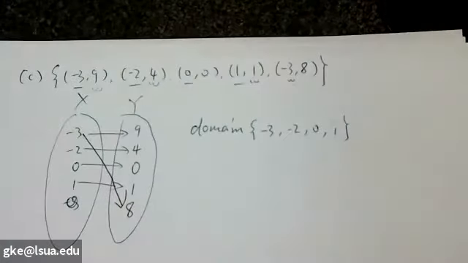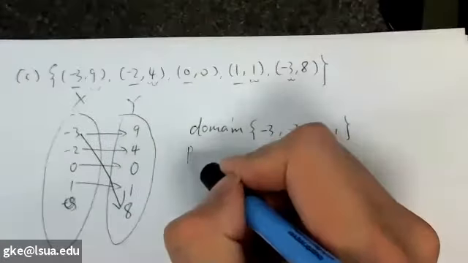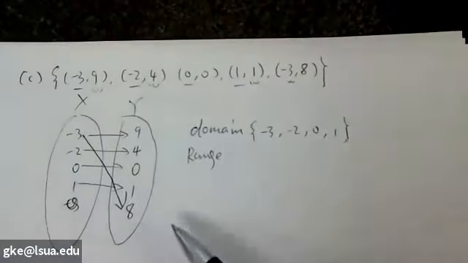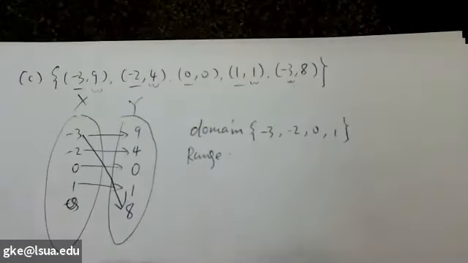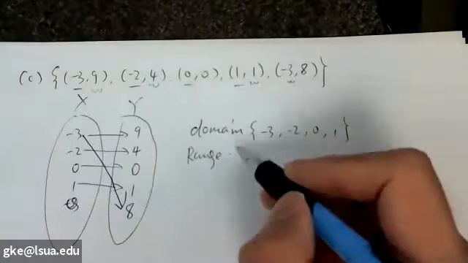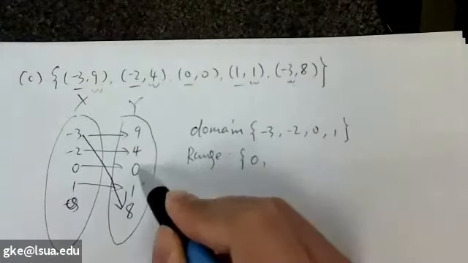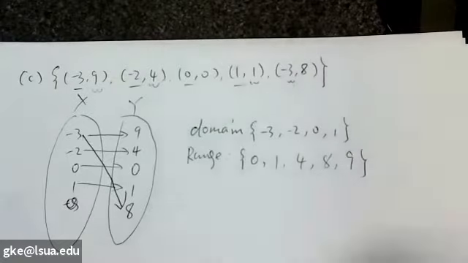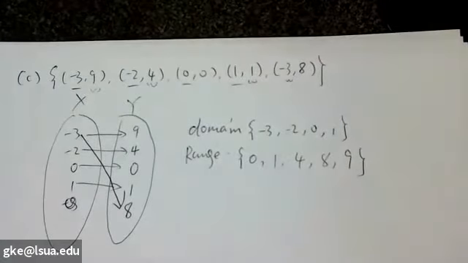And for the range, be careful, the range always starts with the smallest number to the largest. So smallest: 0, 1, 4, 8, and 9. That's the format required by MyMathLab, starting with the smallest to the largest.